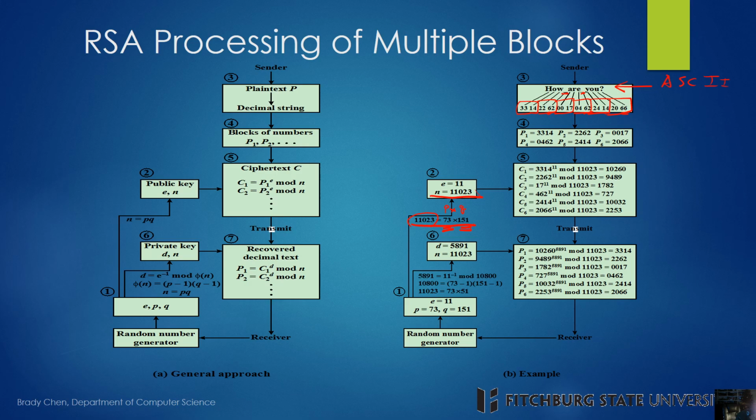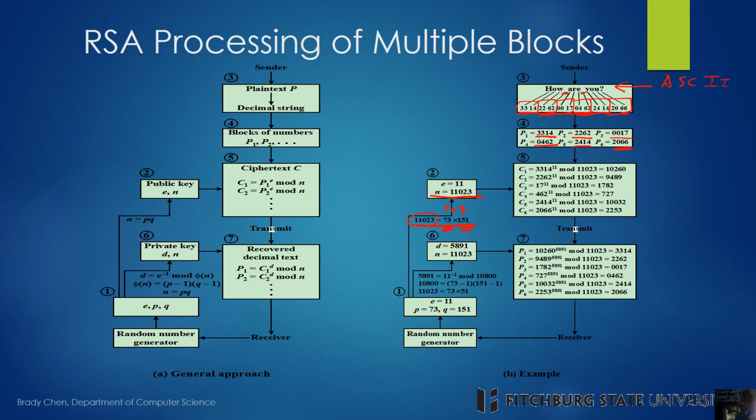The first block is 3314, which contains two characters, capital H and o. The second one is 2062. The third one is 0017. The fourth one is 1462, then 2414, then 2066.